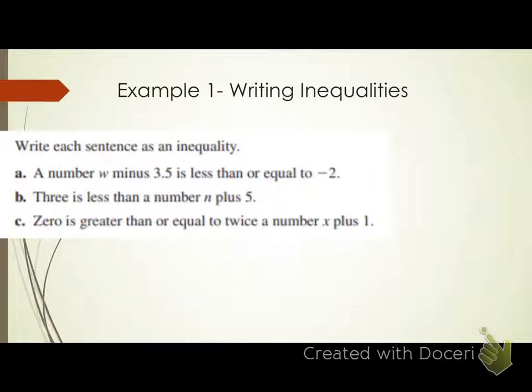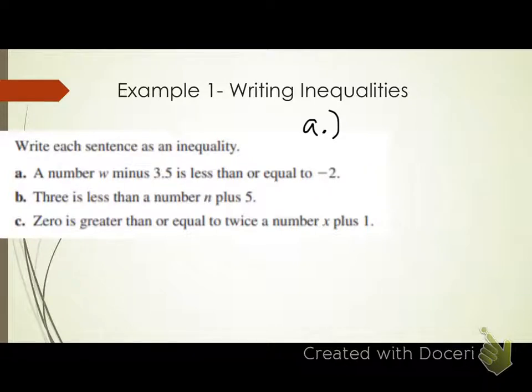Example 1, writing inequalities. Write each sentence as an inequality. It gives us 3 sentences. We need to convert those to write them as an inequality. So letter A: a number w minus 3.5 is less than or equal to negative 2.